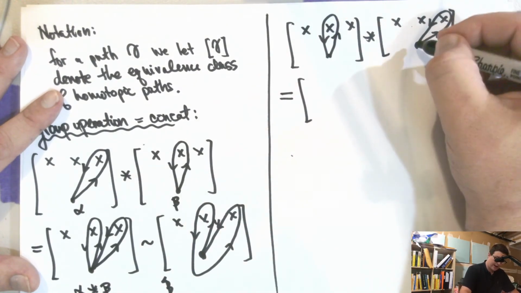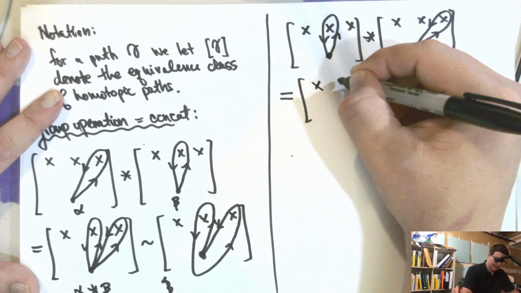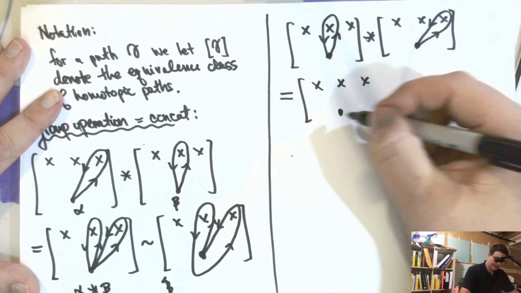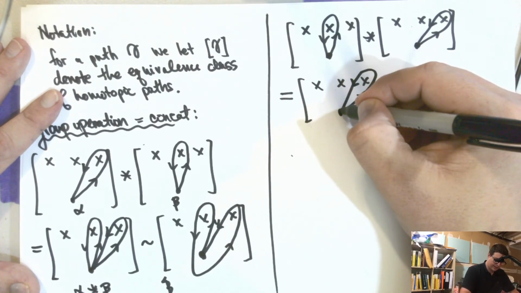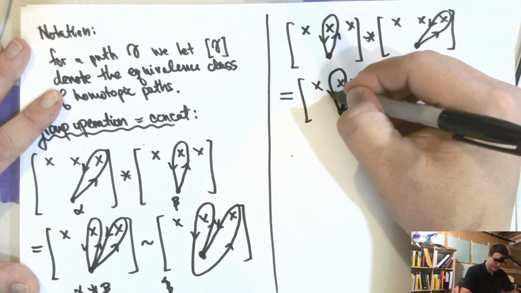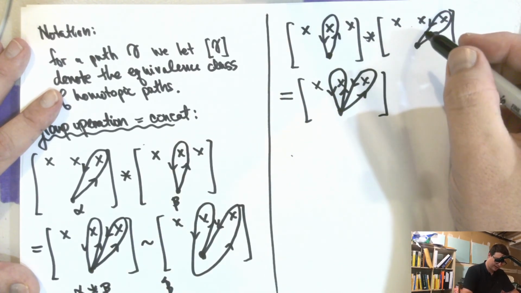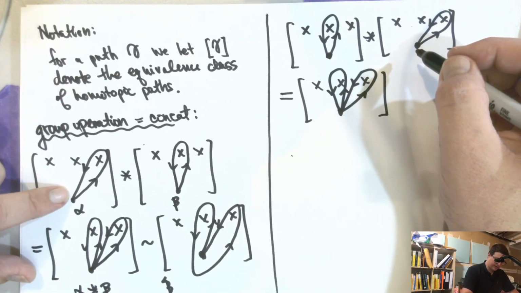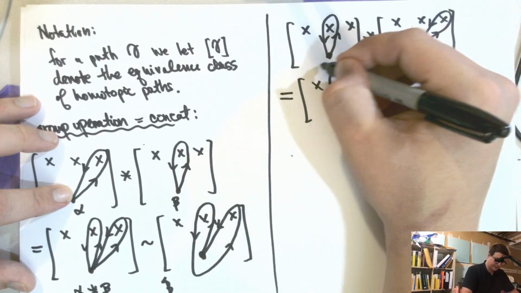Now we look at this one. We have x here. Now we go here, around, then we go around like this. Let's suppose that these were the same thing. So this is alpha, and this one's beta.